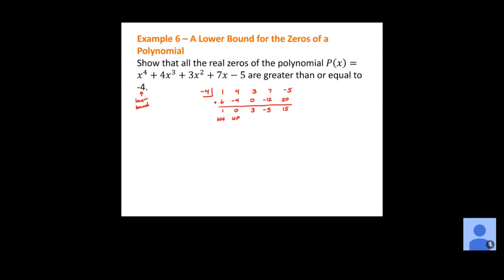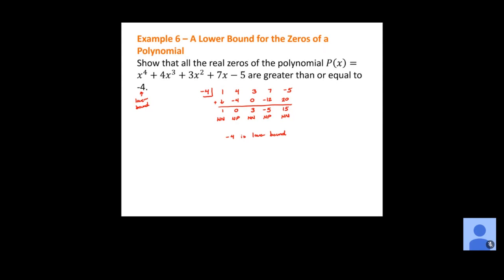All right, now 3 is going to be what? Non-negative. -5 would be non-positive. And finally, 15 is non-negative. And because we have alternating non-positives and non-negatives all the way down, we can say that -4 is a lower bound.